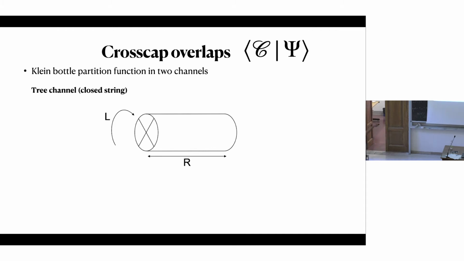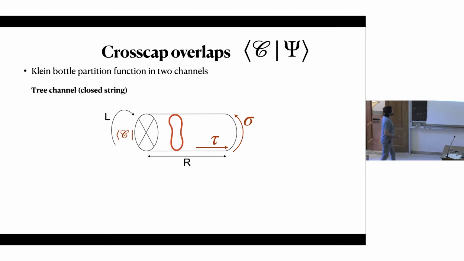Then I have a circle of size L, and the length of the cylinder is R. If I assign time in this direction and space in this direction, this is often called the closed string channel or tree channel, just because I can imagine a closed string that propagates in this direction.